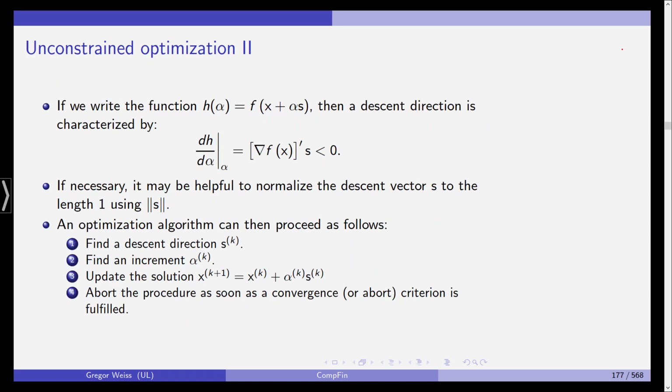If we now write the function f of x plus alpha times s simply as h as a function of this step length alpha, then we are trying to characterize the descent direction. And this is done by the following. Again, we need the gradient nabla of f of x.